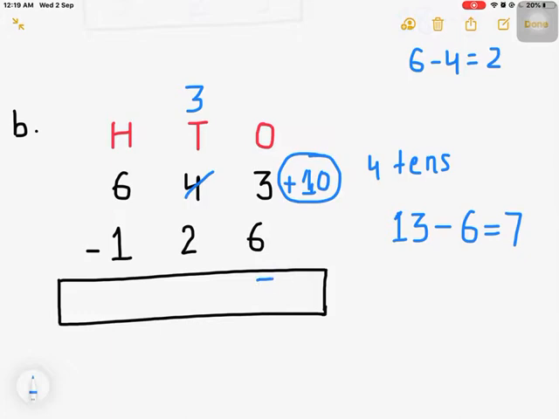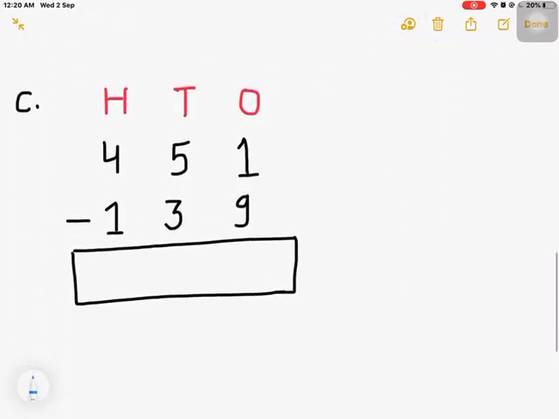Write down 7, isn't it? Now 3 minus 2, it is 1. Now 6 minus 1, it is 5 in 100 column. So our answer is 517. Understood? Now similarly, let's do C number.